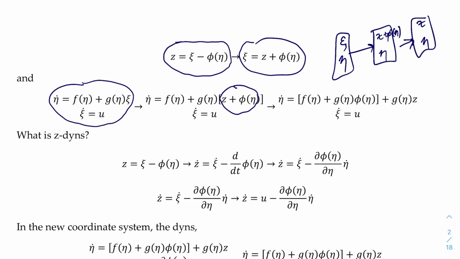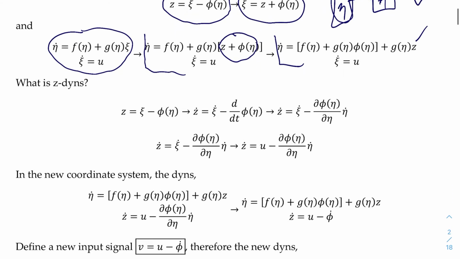We first had xi and eta, and we did some transformation, and now we have z and eta. Okay, let's see what happens. This is our problem right now. So let's do this algebraic manipulation and isolate z. Nothing wrong with that, right?